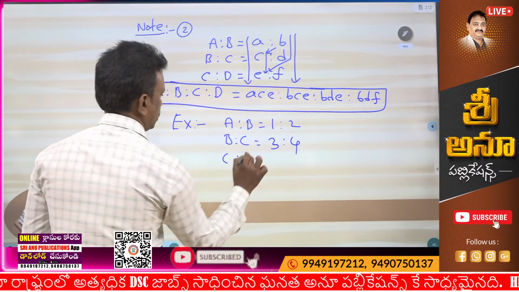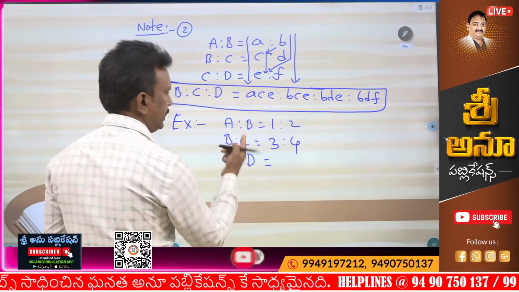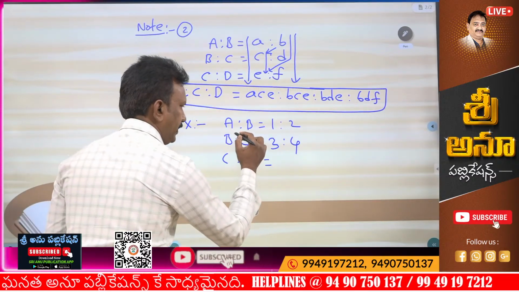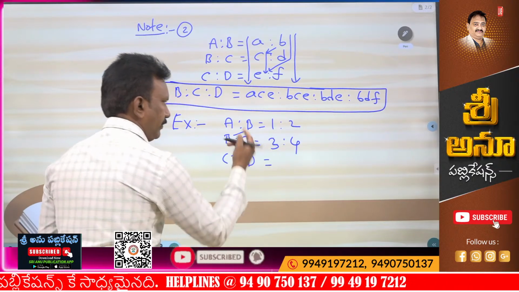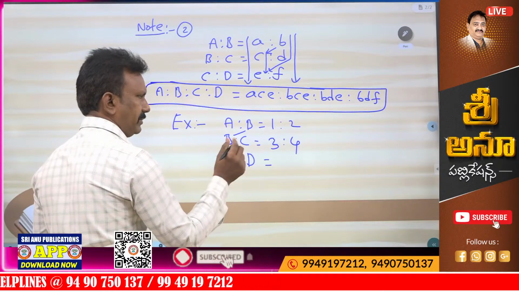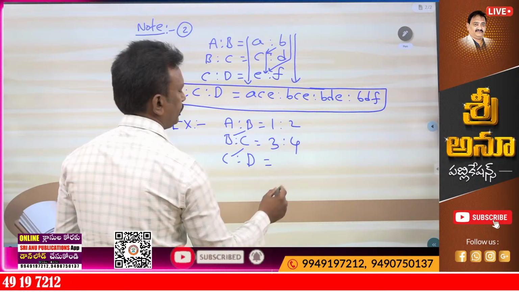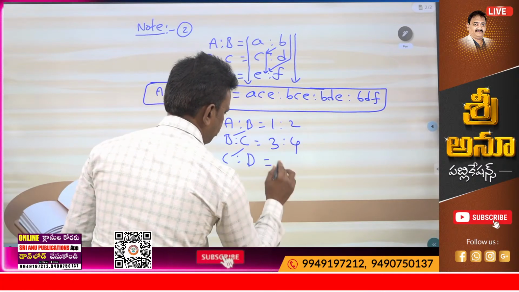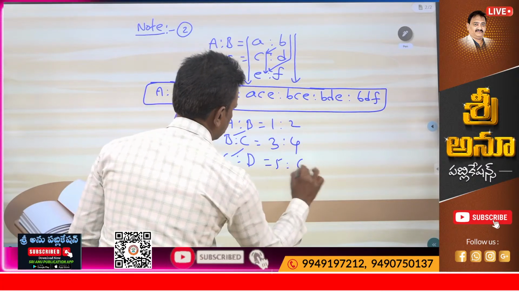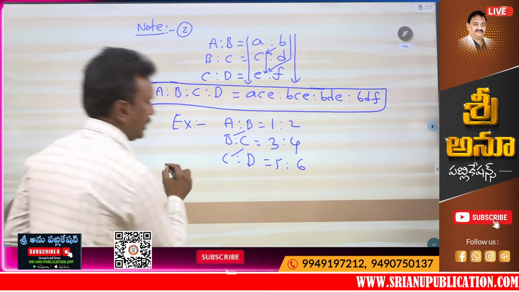And C is to D is 5 is to 6. Yes, a continuous variable between the first two and the next two, where B is a common variable and C is a common variable. A, B, B, C, C, D. So 1 is to 2, 3 is to 4, and the next one is 5 is to 6. Okay. So just write a total continuous form.